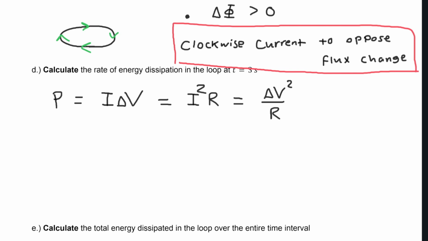And in our case, we haven't actually calculated the current, so it's probably the best decision for us to just use delta V squared over R, because we were given the resistance of the loop, and we did just find the EMF in the previous part. So we're just going to find the EMF induced at 3 seconds, square that, and divide by the resistance, which was 10 ohms.